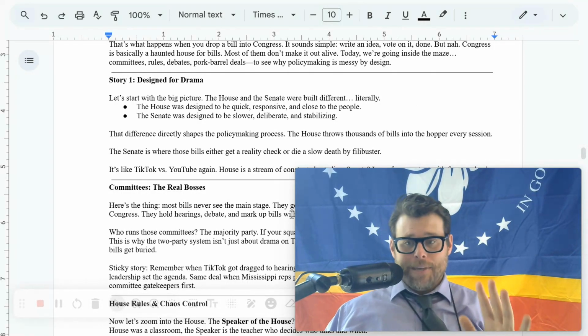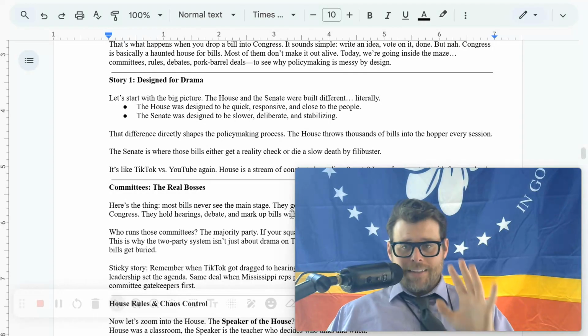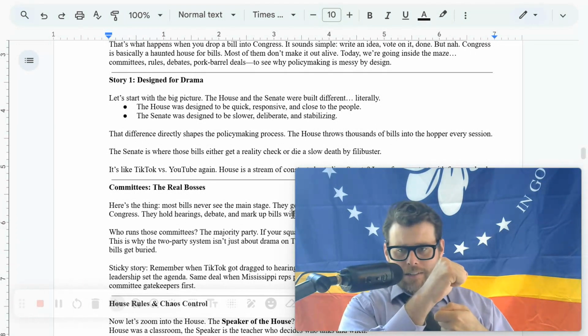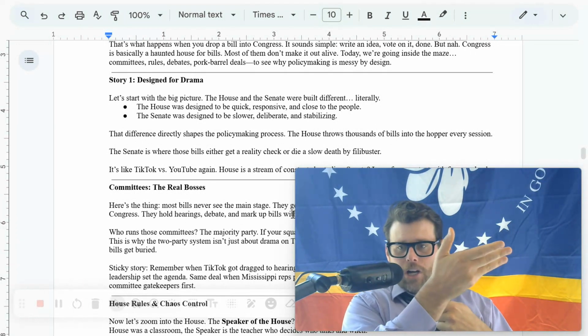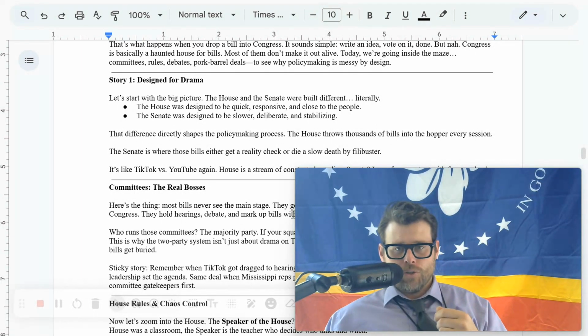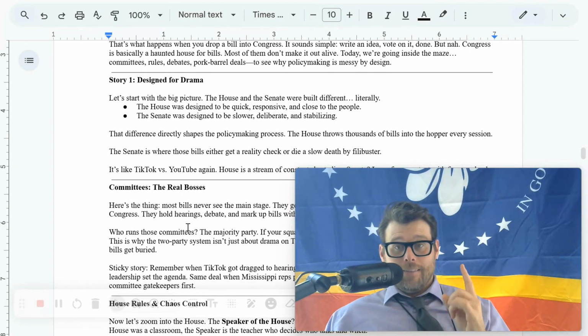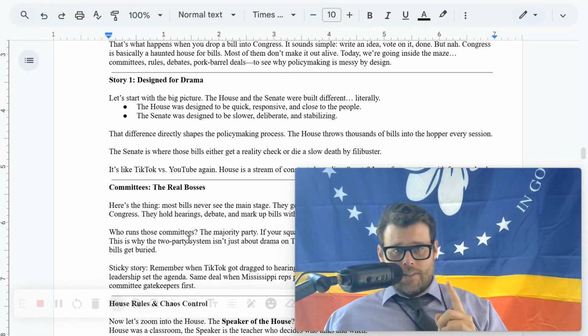Let's start with the big picture here. The House, the lower, the hot tea, right, the lower of the two, and the Senate, the upper, the saucer, that's the cooler, the more professional of the two, right? We're built different. And I mean literally built different.